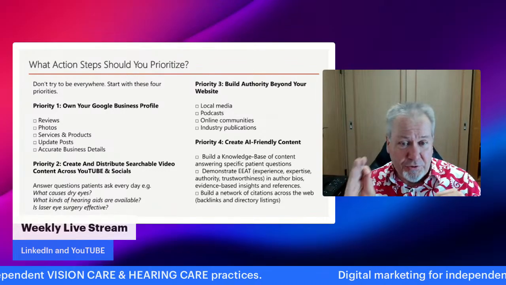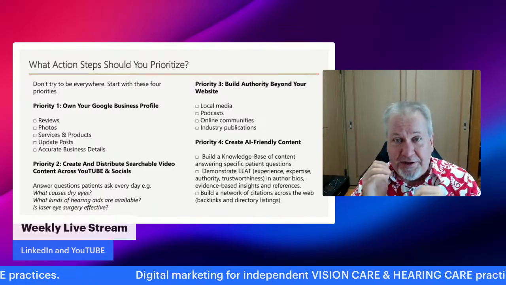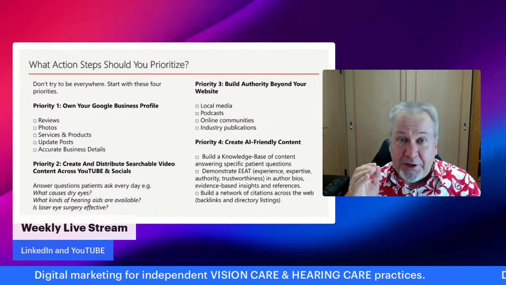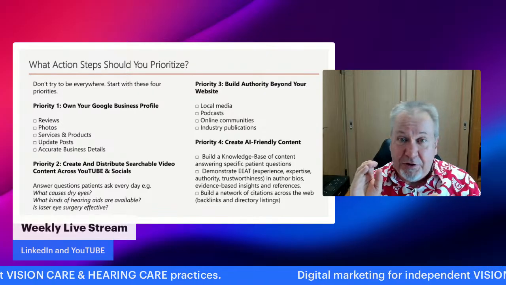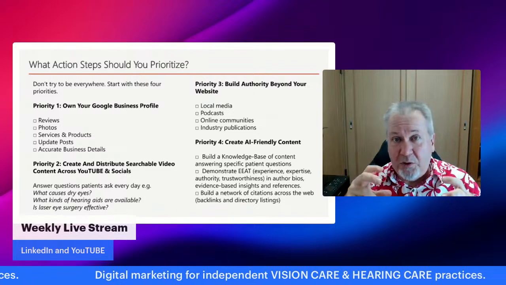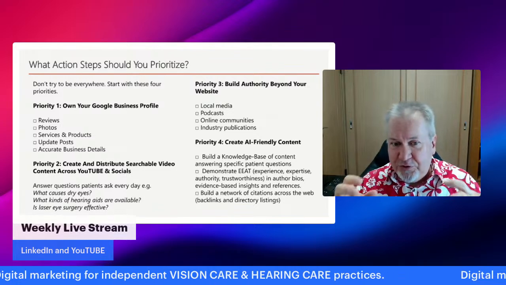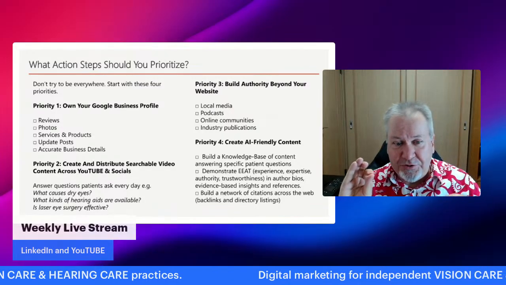If somebody's looking at your Google business profile, then they are quite far down the patient journey already. So they're in a mode where they are receptive to hearing more about the specifics of what you could offer them. So Google update posts are an easy, low-hanging fruit opportunity.